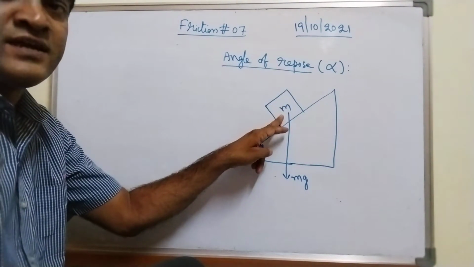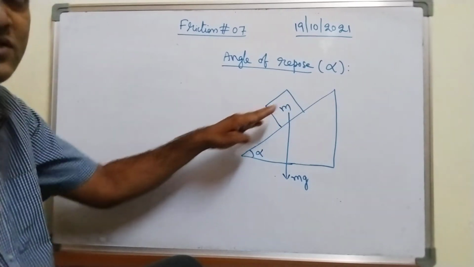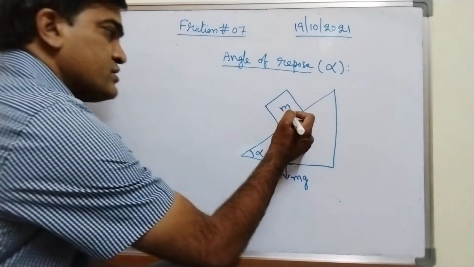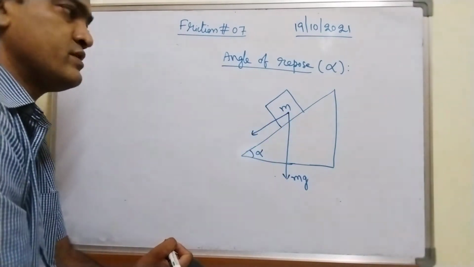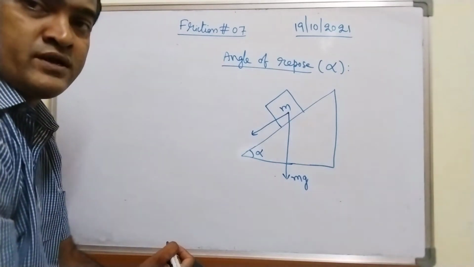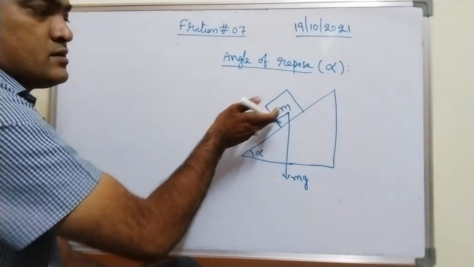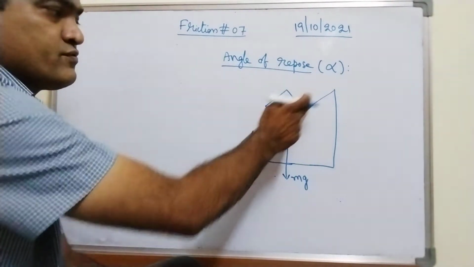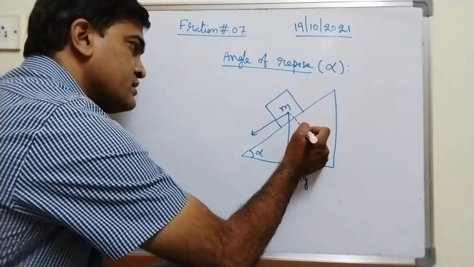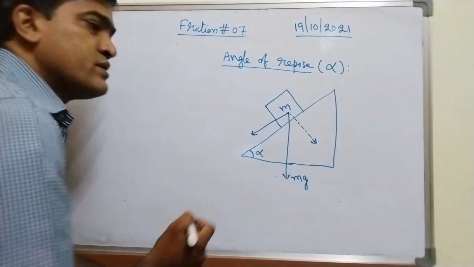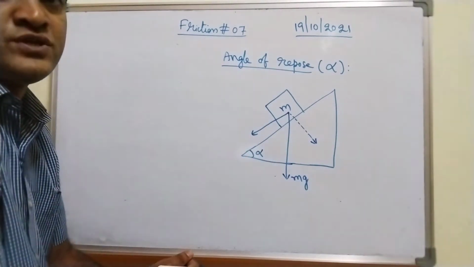As the block has a tendency to move downwards, there is a downward component of weight. One more component is perpendicular to the parallel component of the inclined plane. These two components of weight are perpendicular to each other.